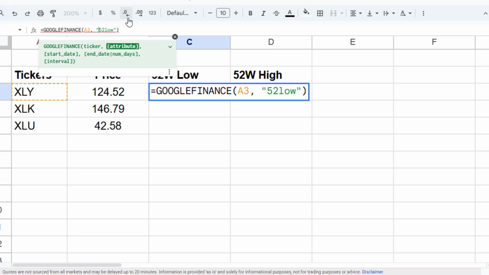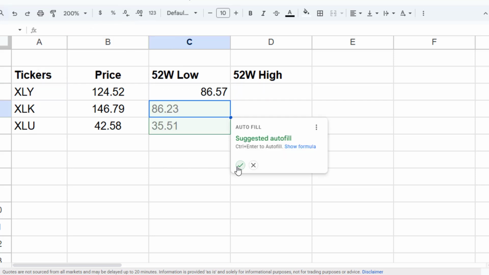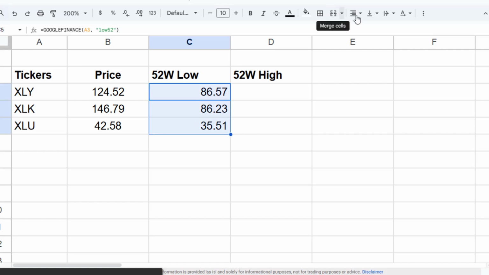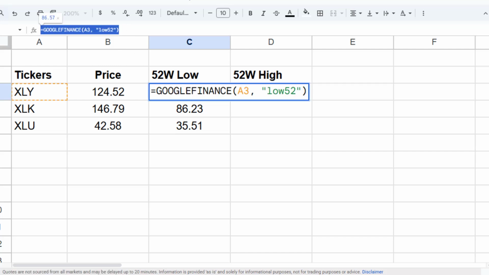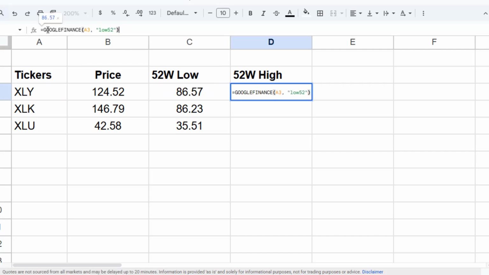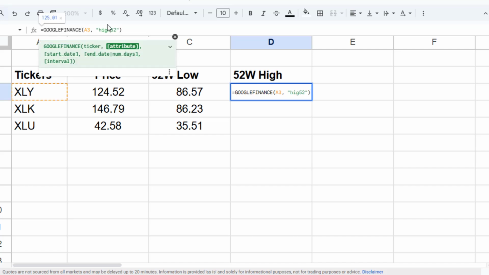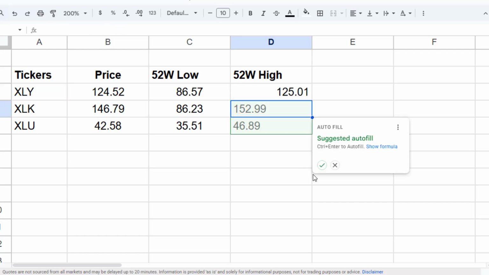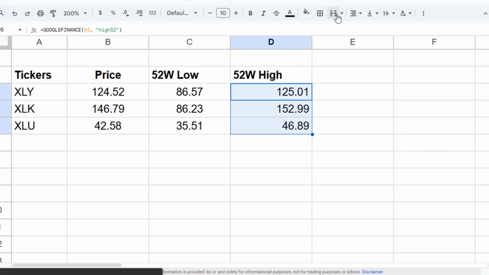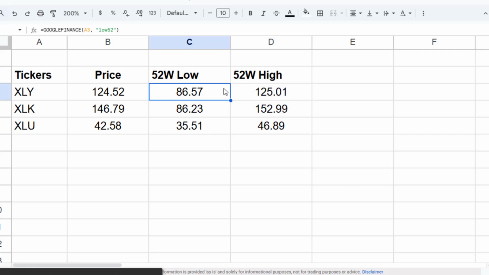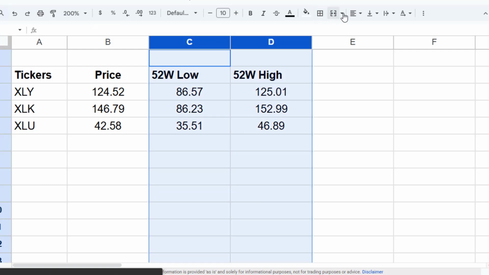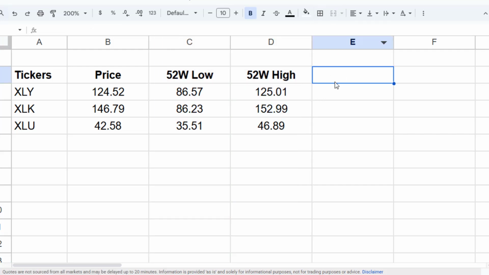Sorry, the other way around. It's called low52. And we get the value here. And we do the same with the high value. And now we have pretty much everything we need.